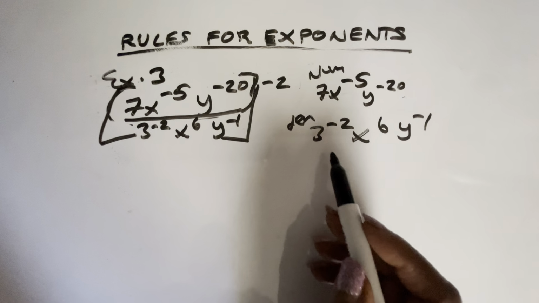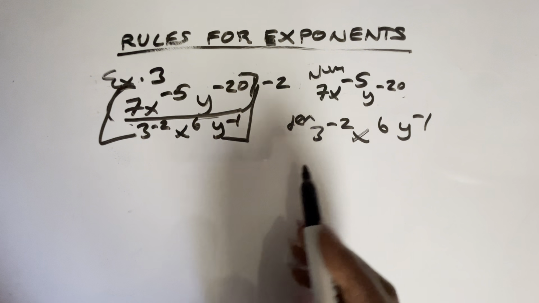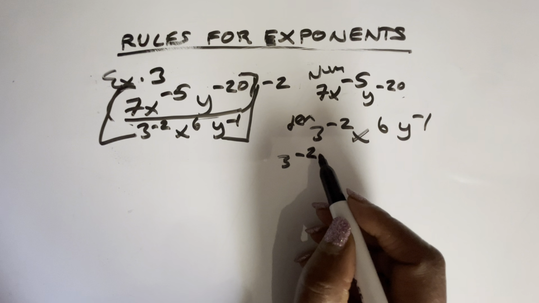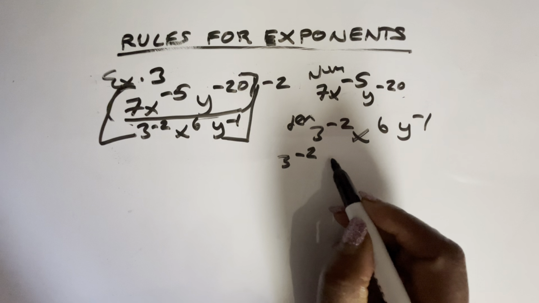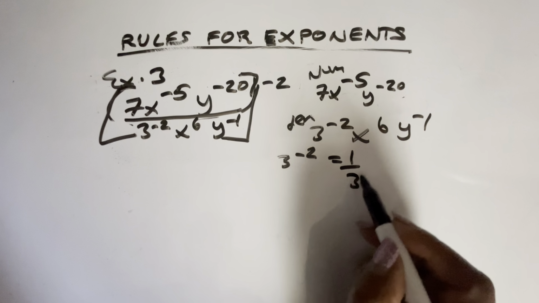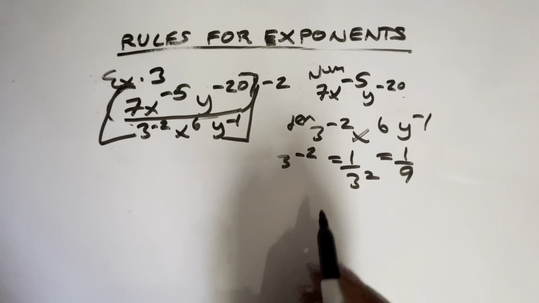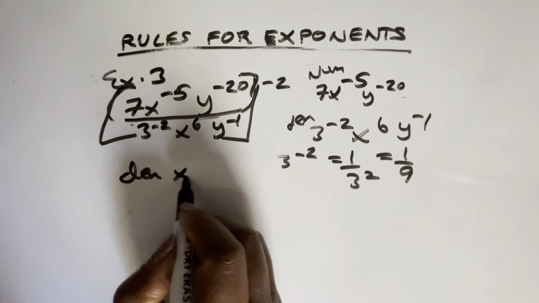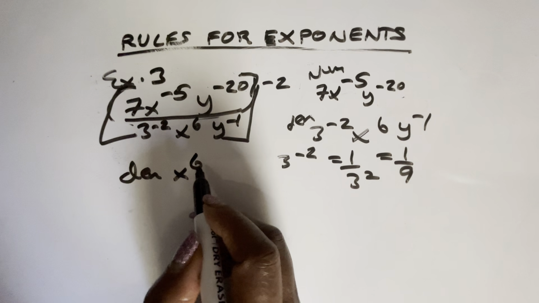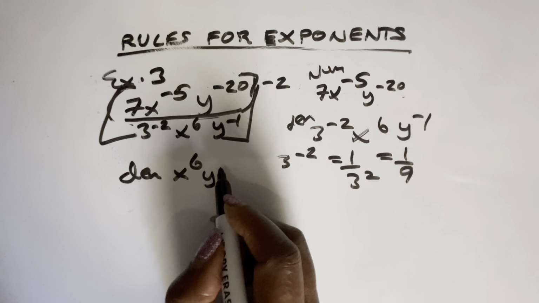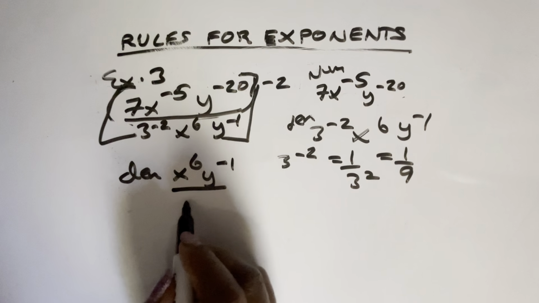If we simplify the denominator, 3 to the minus 2 is equivalent to 1 over 3 squared, which is equal to 1 over 9. So the denominator has become x to the 6th, y to the minus 1 over 9.